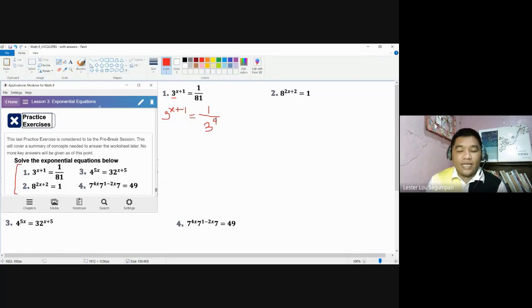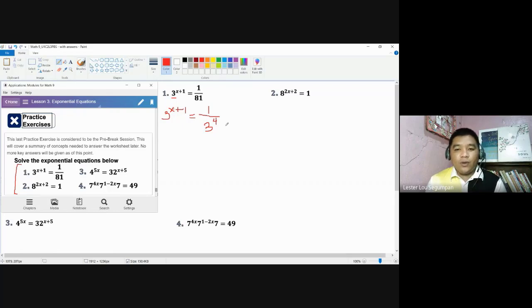It's really 3 to the power of 4. Let's see. 3 times 3, 9. Times 3, 27. Times another 3, you will get 81. So 81 is actually 3 raised to the power of 4. But here, the expression is still fractional, while the other side is not a fraction anymore.